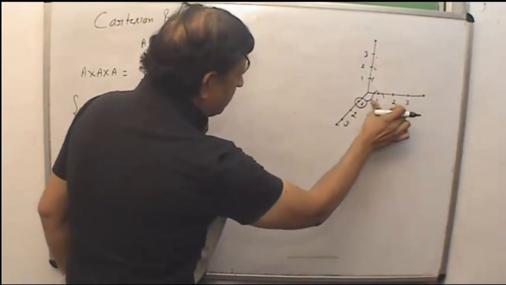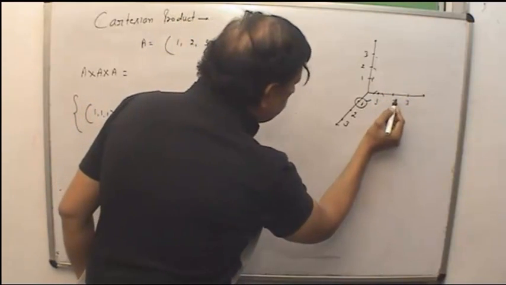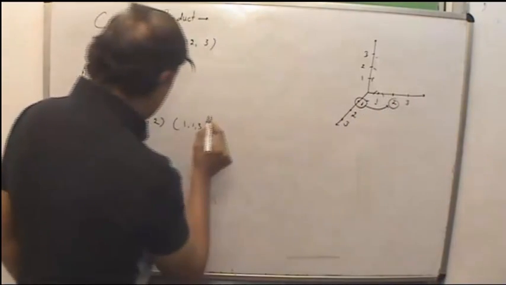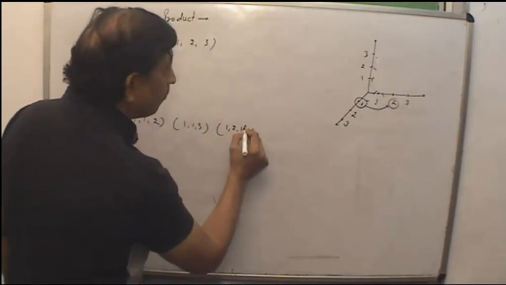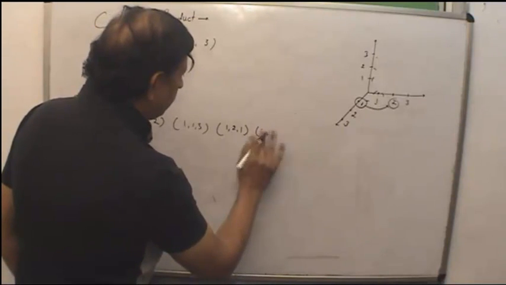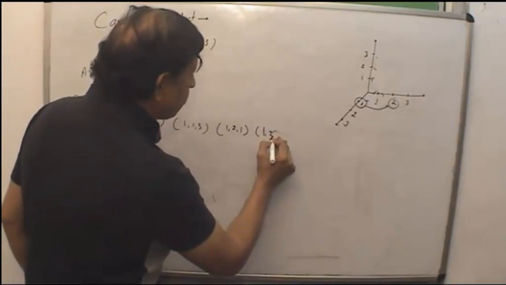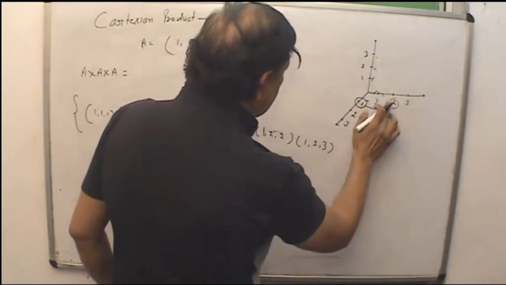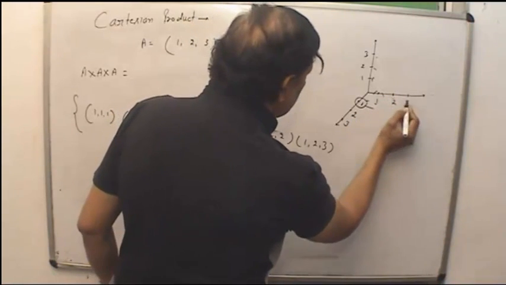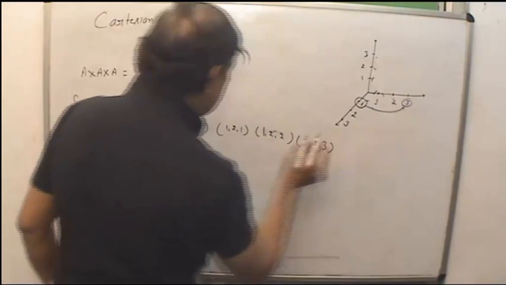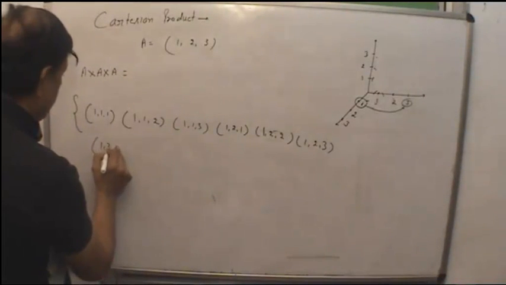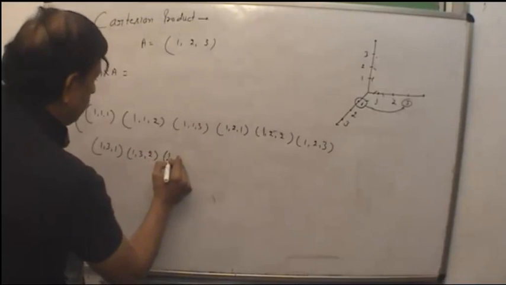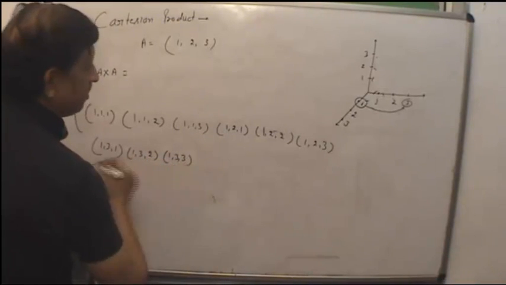Now change the second axis to 2. The first axis is again fixed, and we repeat the same procedure: 1,2,1; 1,2,2; 1,2,3. Then we change the second axis to 3: 1,3,1; 1,3,2; 1,3,3.